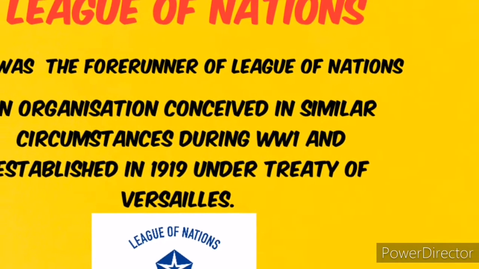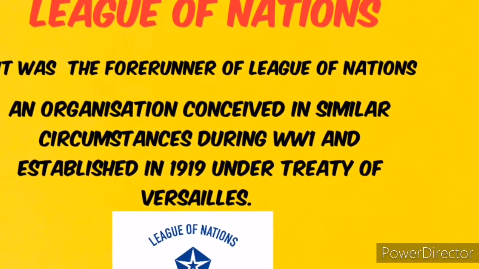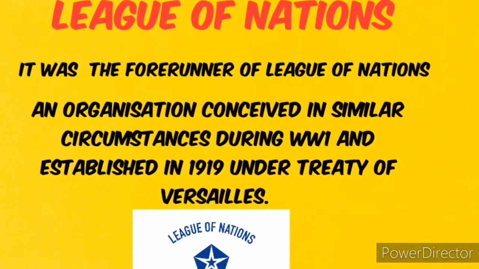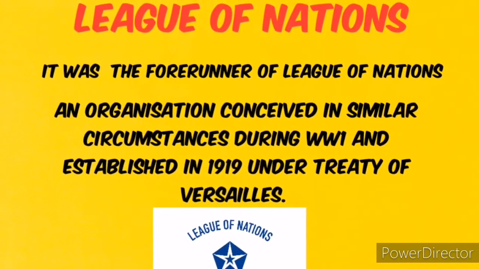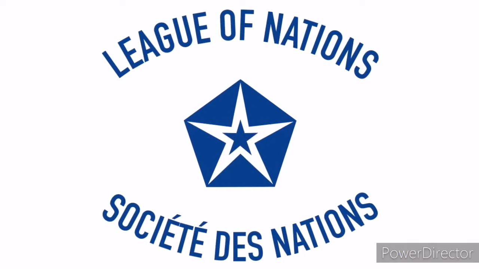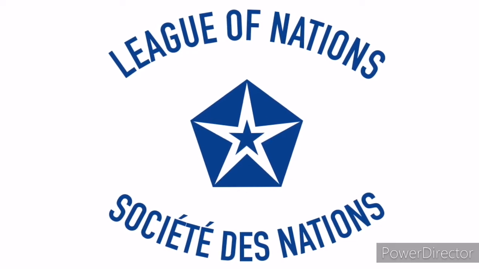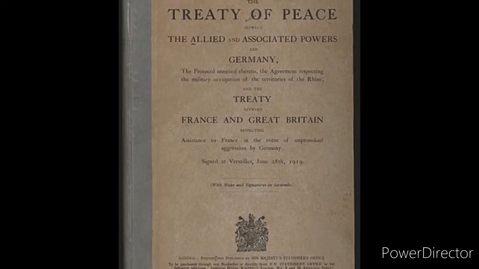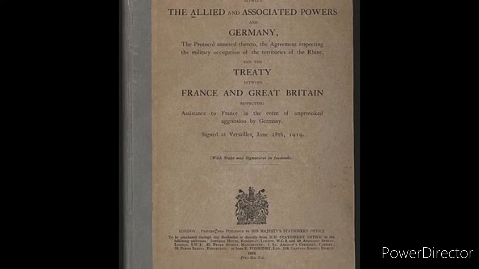The forerunner of the United Nations was the League of Nations. It was the first international organization, conceived in similar circumstances during World War I and established in 1919 after World War I under the Treaty of Versailles.